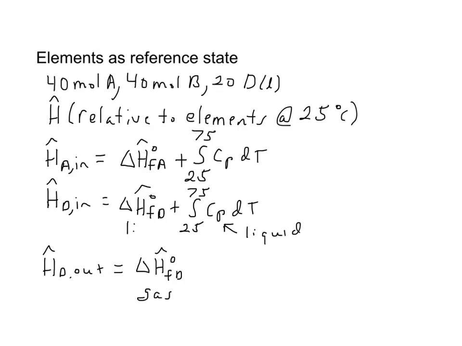This one here, just to remind you, was for the liquid. The heat of formation of the water vapor, but that was at 25 degrees, and so we have to go from 25 degrees to 300 degrees, integral of Cp dT. This again is the vapor heat capacity.